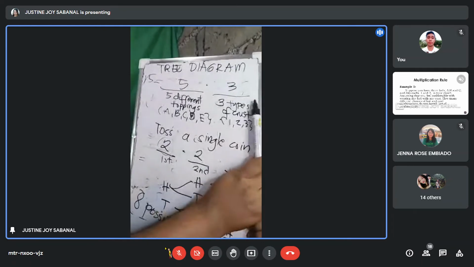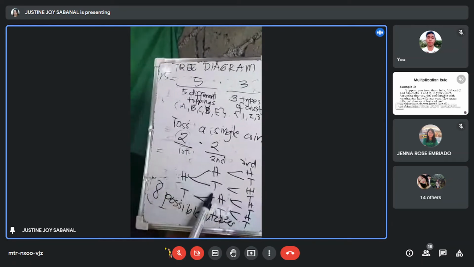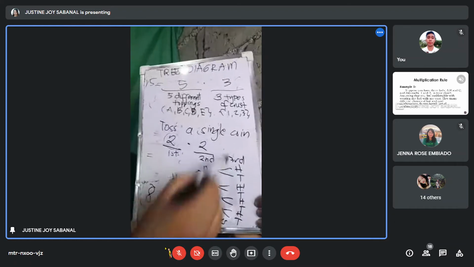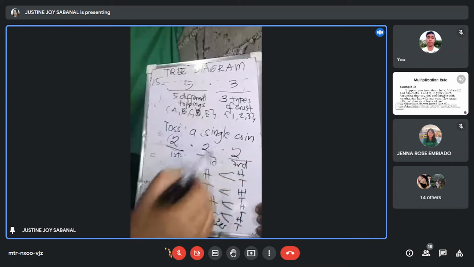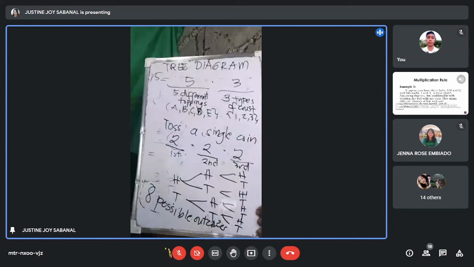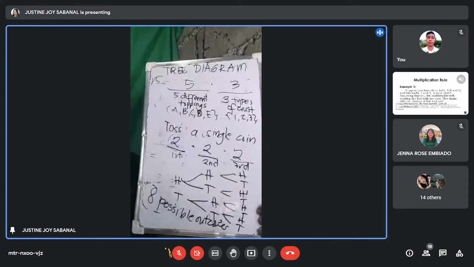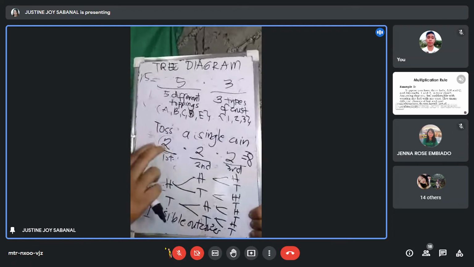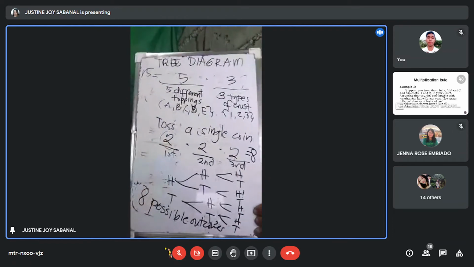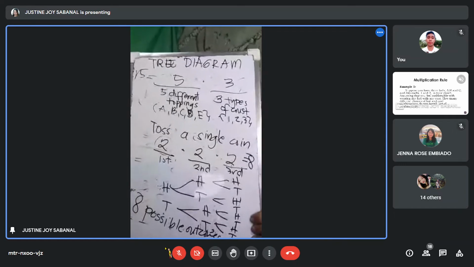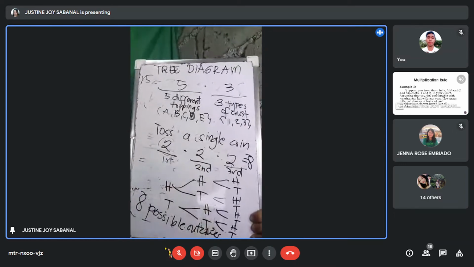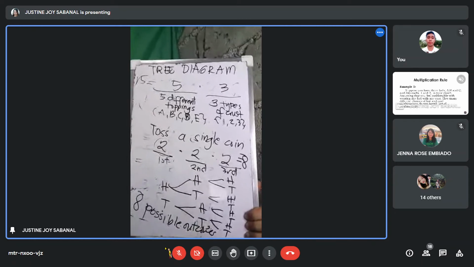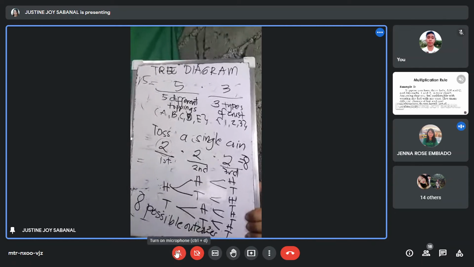Kung dito lang tayo matatapos, so 2 times 2, 4. So, pag binilang nga natin to 1, 2, 3, 4. So, yung third try natin, 2 possible result pa rin, head or tail. So, 2 times 2 times 2 is equivalent to 8. So, ganito yung gagawin na pag repetition of experiment. So, still, this is under multiplication. Clear? Yes po.